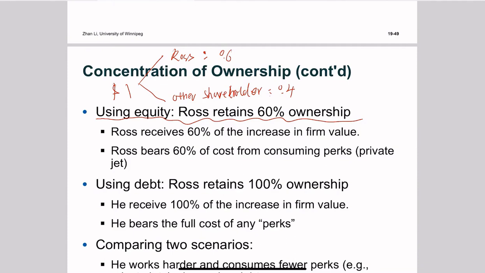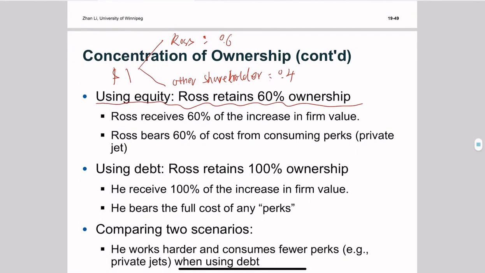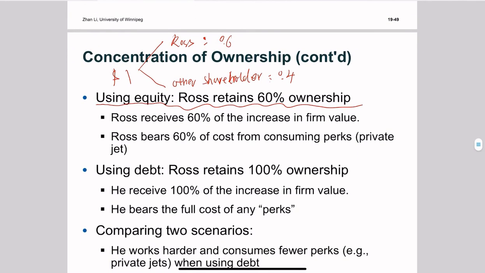What's the implication of this? It basically means that because Ross will only get 60% of this $1, potentially he will not work that hard, right? Let's think about the other case, where Ross is using debt.